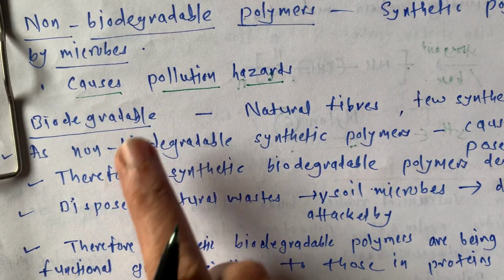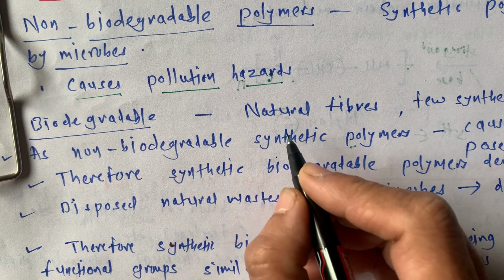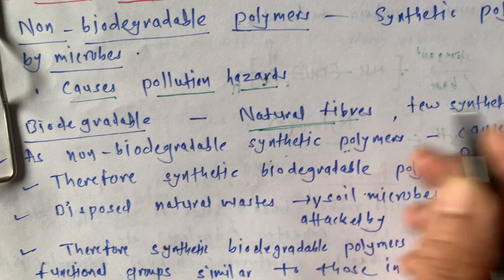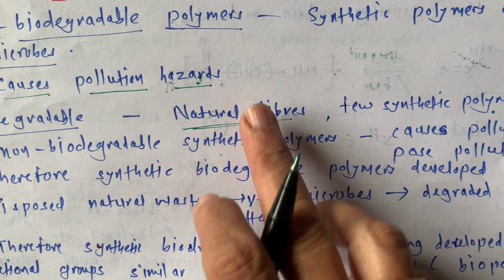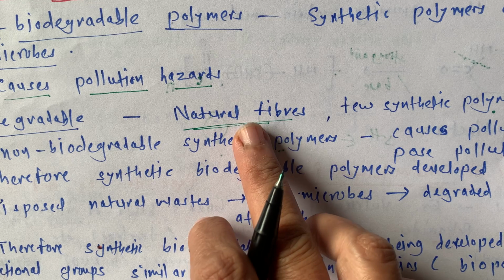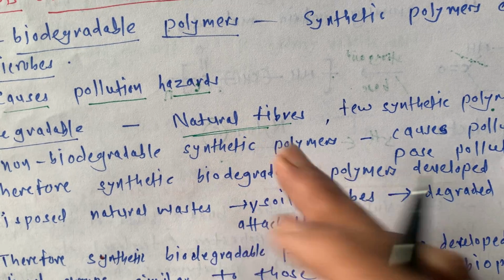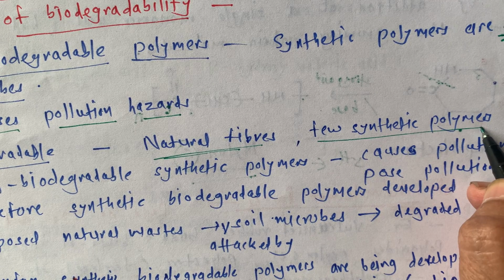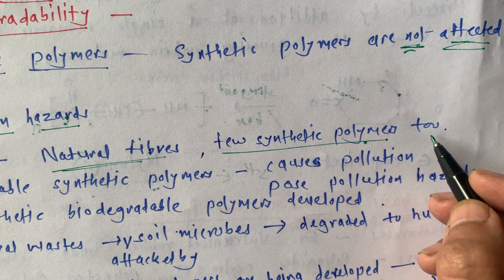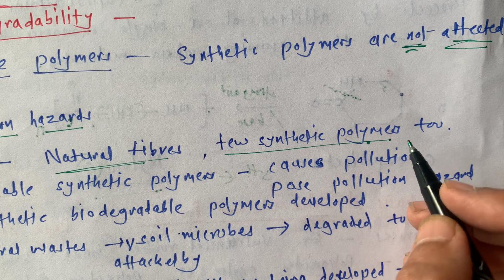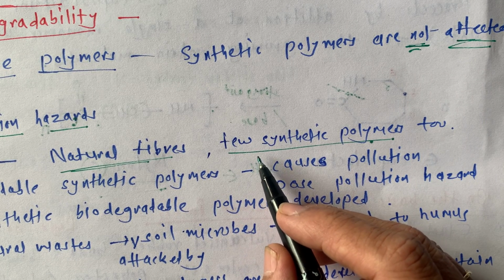But now what is biodegradable? These are natural fibers, like cotton, silk, wool, jute, and also a few synthetic polymers which are processed, and we are going to see all these things.